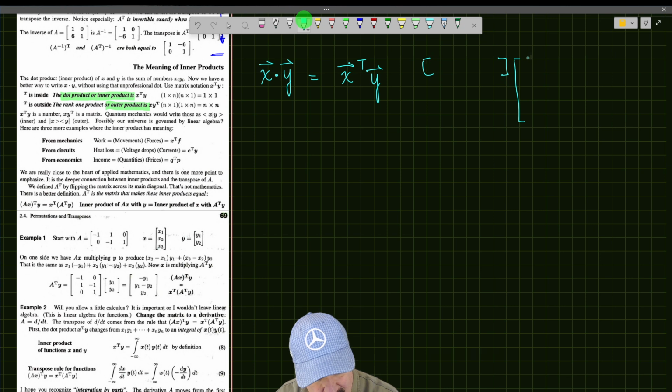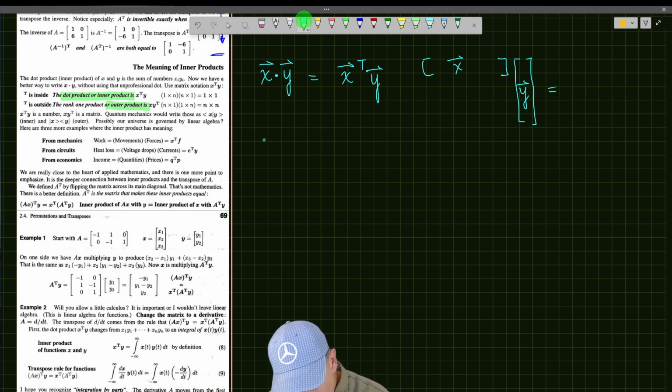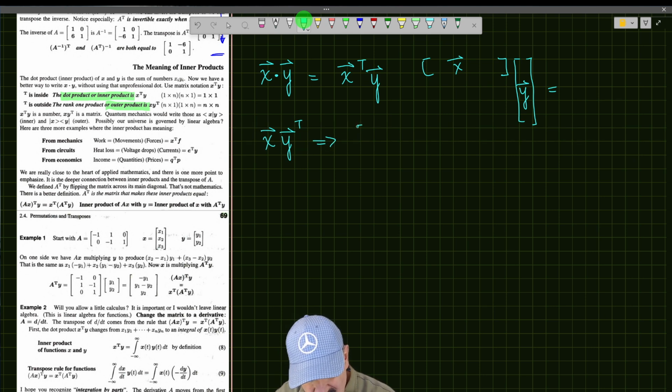I have the x vector and I have the y vector, and when I take these two vectors, I'm going to end up with a 1 by 1, which is a scalar. I'm just going to end up with a number when I do this. The outer products are where I take x vector times y vector transpose. So this looks like the x vector. Vectors are always columns.